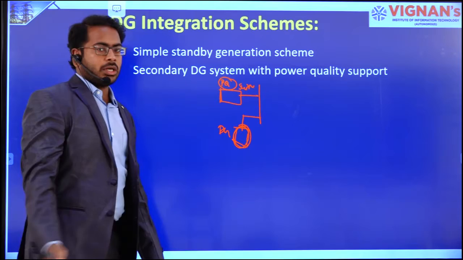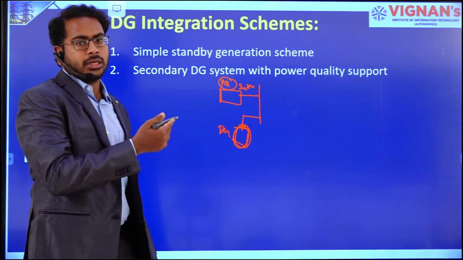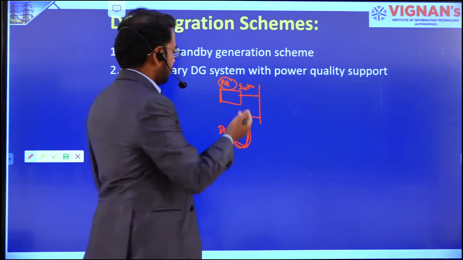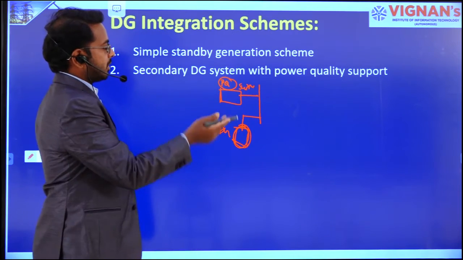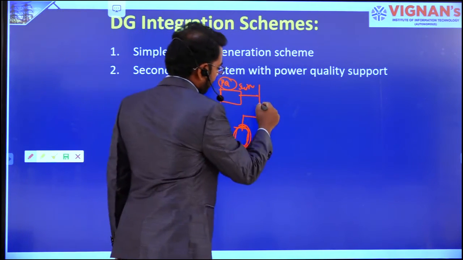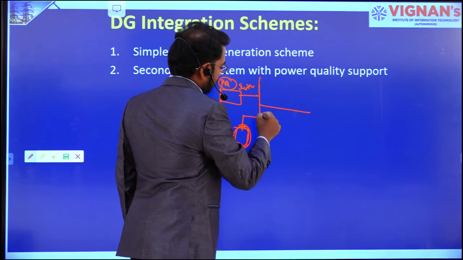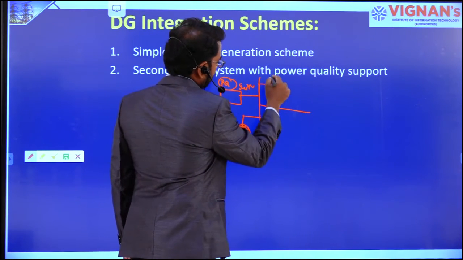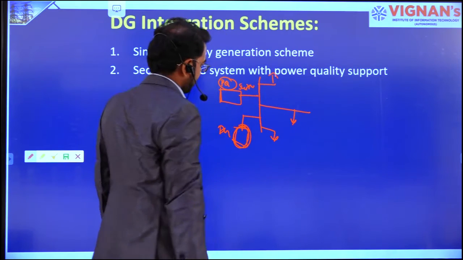Power quality support can be capacitor banks, or we can take a shunt or series compensation device, anything like that. We can take it as a secondary DG system with power quality support. That is one more type of DG scheme. Here the loads will be there, everything.